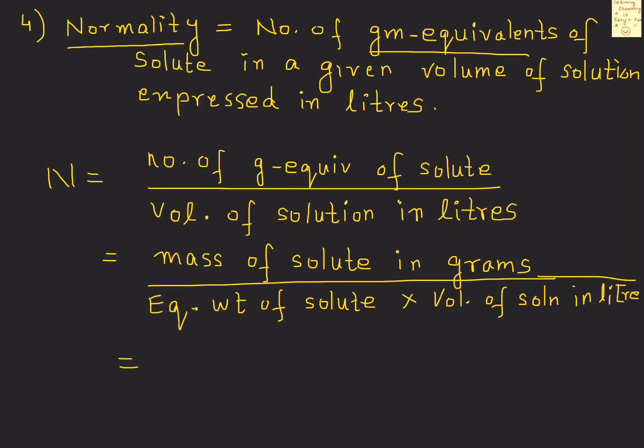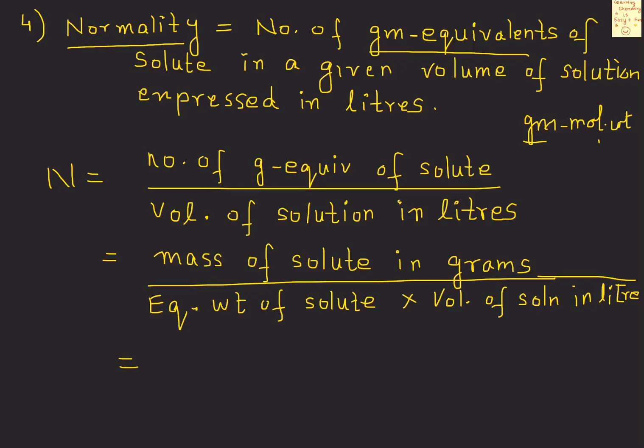Gram equivalents. Now, what is this gram equivalence? You remember gram molecular weight or gram moles? It's something like that. Gram molecular weight of a substance means the weight of the substance expressed in grams divided by its molecular weight is number of moles, right?